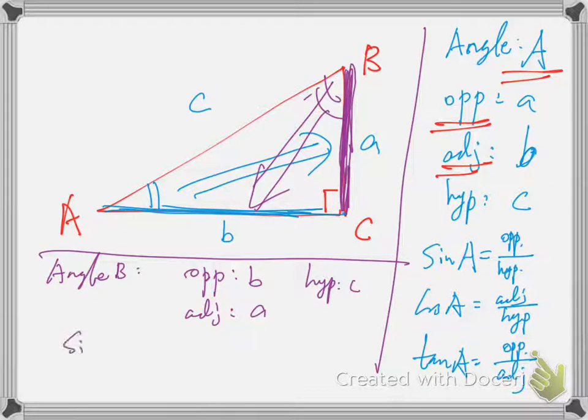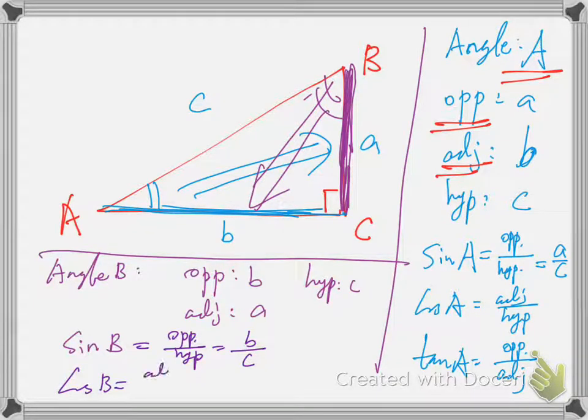Then we get sine B. Sine A is a over c, but sine B is the opposite of B over hypotenuse, so this is b over c. Cosine B is adjacent over hypotenuse, so this is a over c. And tangent B is opposite over adjacent, so it's b over a.